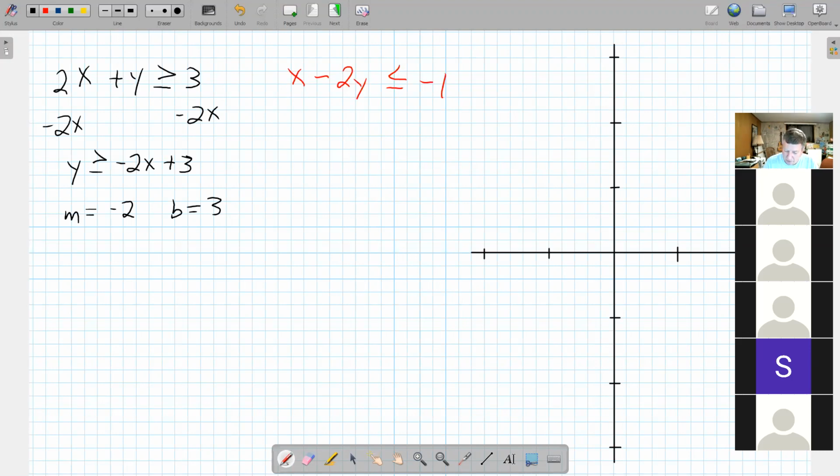So over on the right side, I'm going to start with a y-intercept of 3, and I'm going to go down 2 and over 1, down 2 and over 1, down 2 and over 1, etc. Now, because this is greater than or equal to, I want my line to be solid.